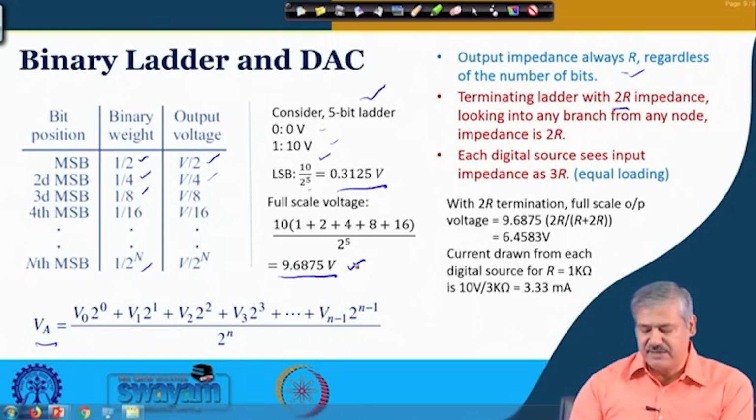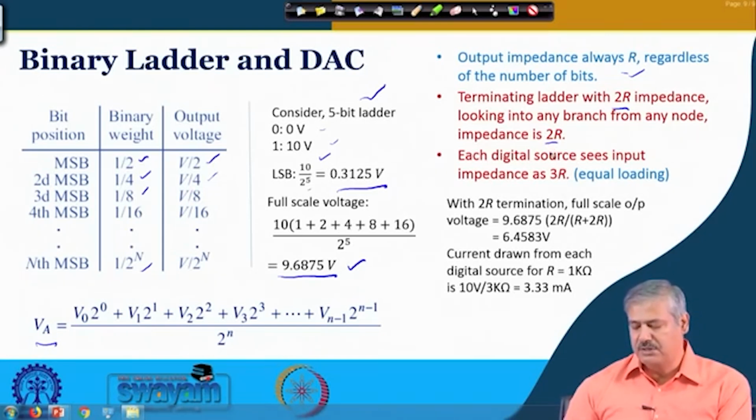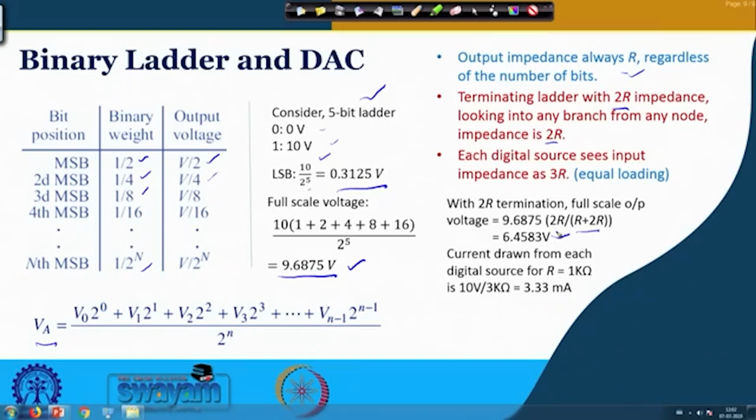And instead of this 9.6875, if you terminate it with 2R instead of a very high resistance, then the output voltage will be 9.6875 times 2R plus R by R plus 2R. So, this is 6.4583 volt.